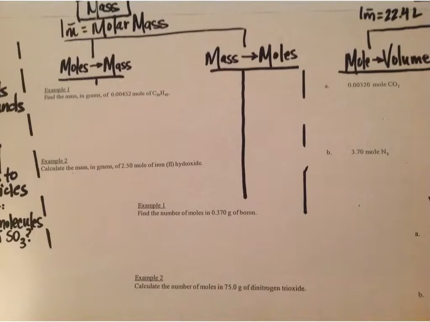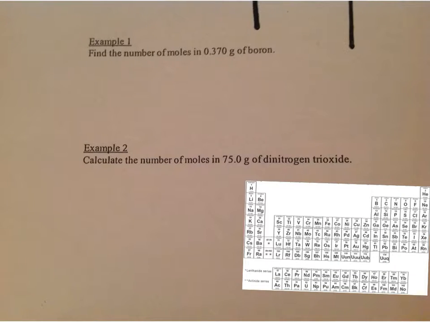Now, that was an example of moles to mass. Now let's do an example of mass to moles. And let's do that by doing this conversion right here. Calculate the number of moles in 75 grams of dinitrogen trioxide.